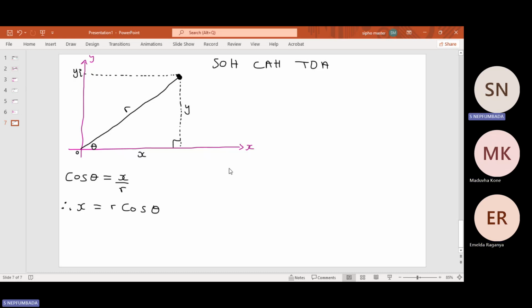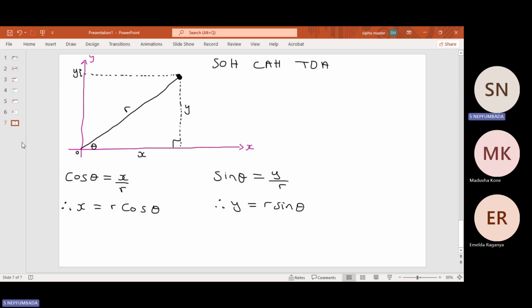And sine theta is equal to y over r. If we make y the subject of the formula, our y is r sine theta. Are we fine? Yes.